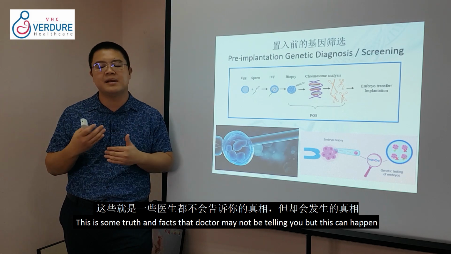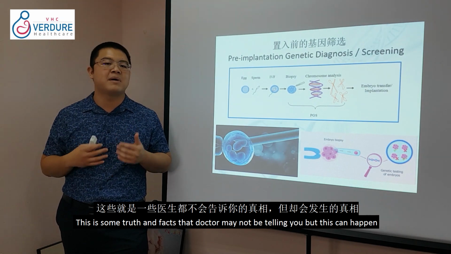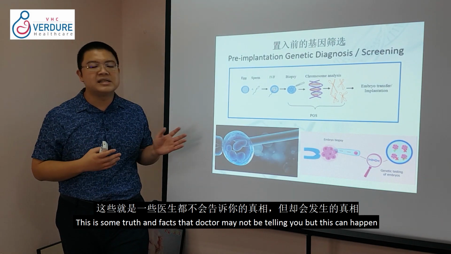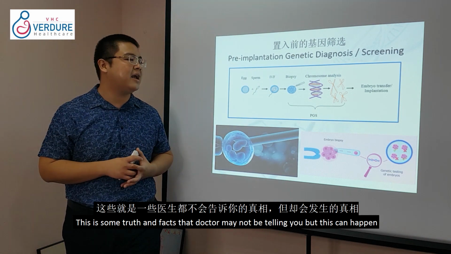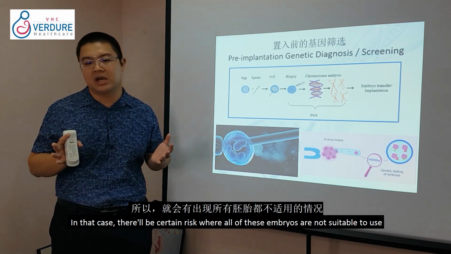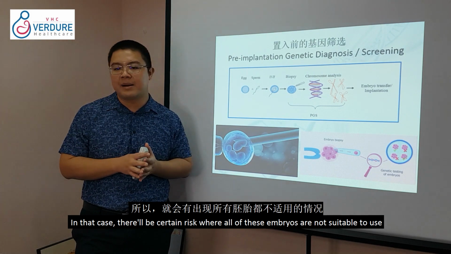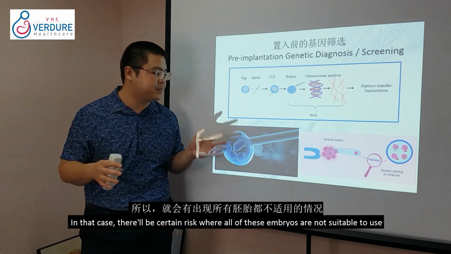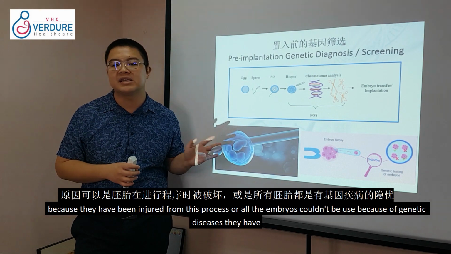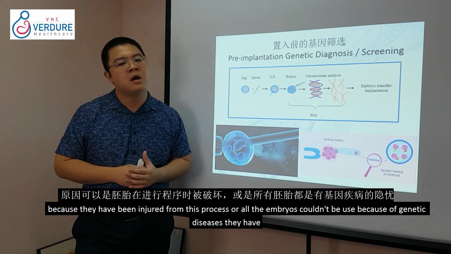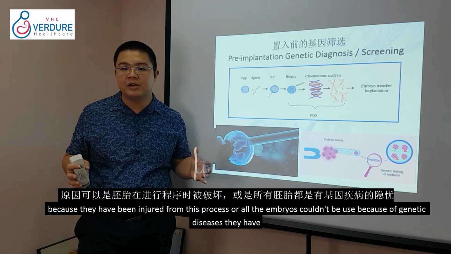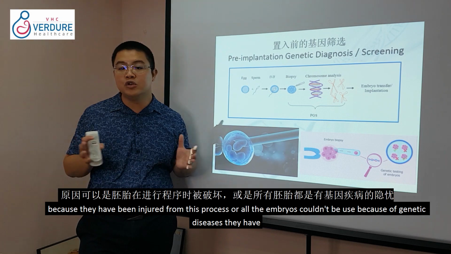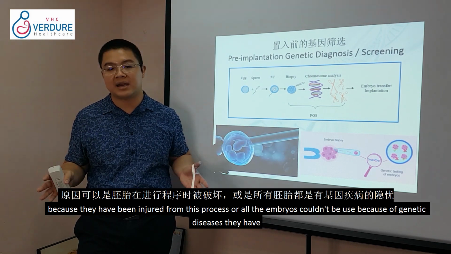Okay, so this is sometimes the truth that the doctors might not be telling you, but this is what can happen. Okay, so in that case, there will be a certain risk whereby, for example, all of the embryos cannot be used because they have been sustaining injury from this process, or all of the embryos could have been not usable because they all have genetic diseases.